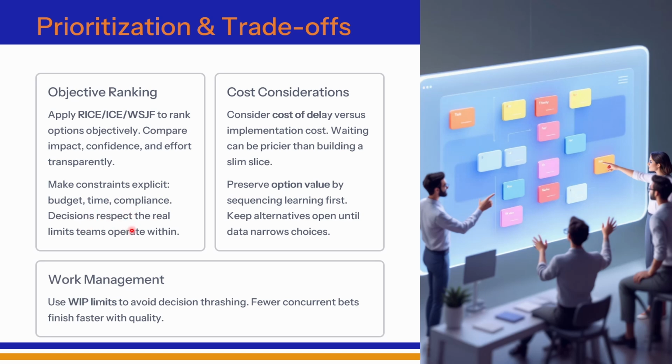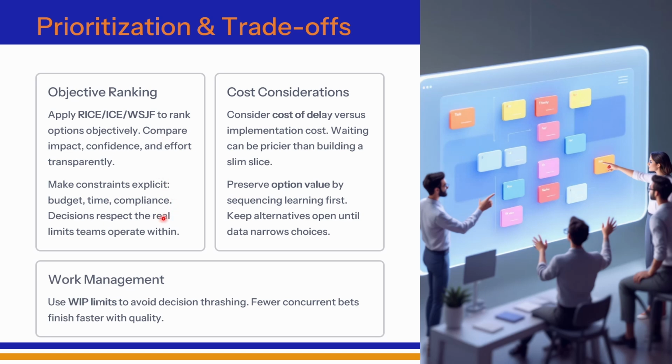Decisions respect the real limits teams operate within. So instead of gut feel, we use models like WSJF to rank priorities, weighing impact, confidence and effort against real-world limits like budget and time. So rank with facts, not opinions.